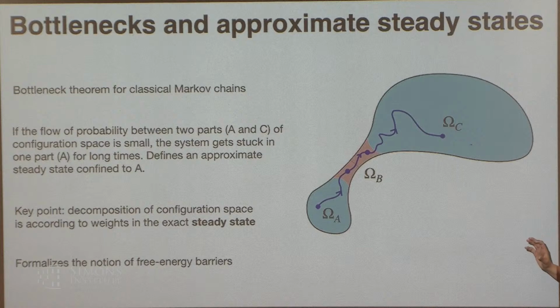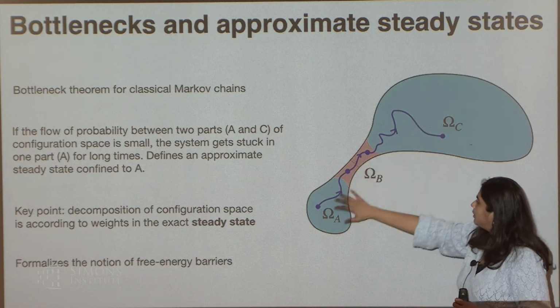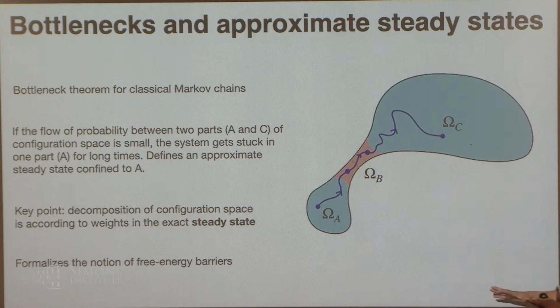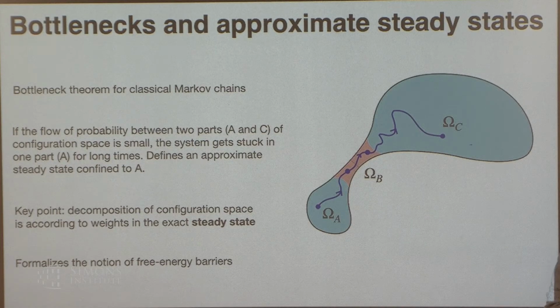This bottleneck tells you that if you start in A, the flow of probability that takes you out of A is going to be small in some way. And if that's the case, then under these dynamics, there will be an approximate steady state that's confined to A. That's the picture. I'm going to make it precise in a second.